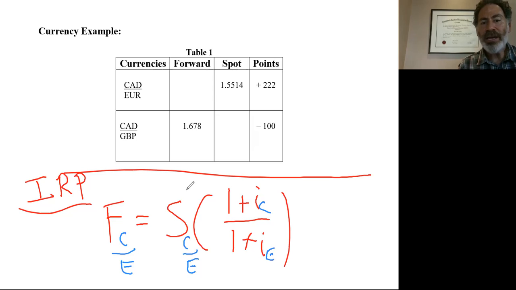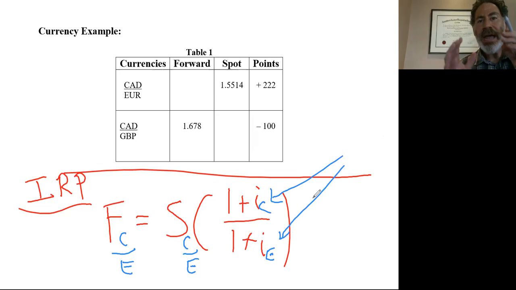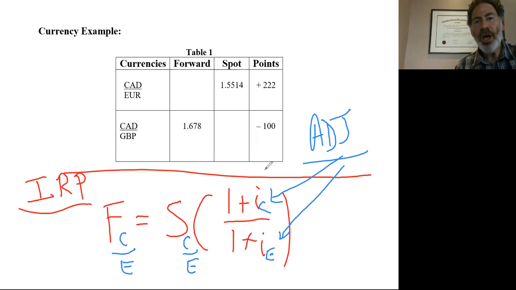We can calculate the forward exchange rate from the spot given the interest rate differential in each of the countries. And one other point to be aware of: make sure that you adjust these interest rates. You are going to be given annual rates.